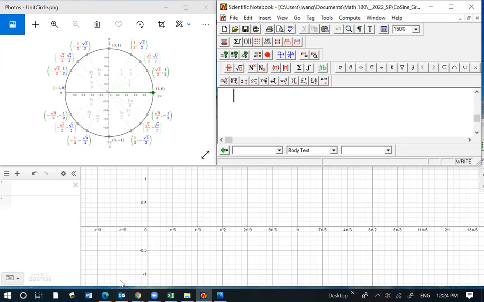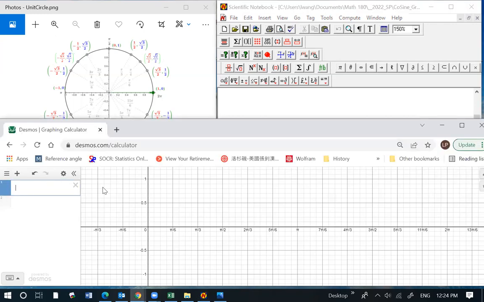So now with 0, we understand there's a dot, right? We know that cosine 0 equals 1. So we have a point 0, 1. Okay, we saw that point.